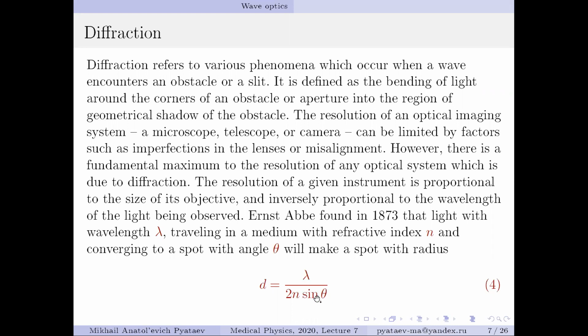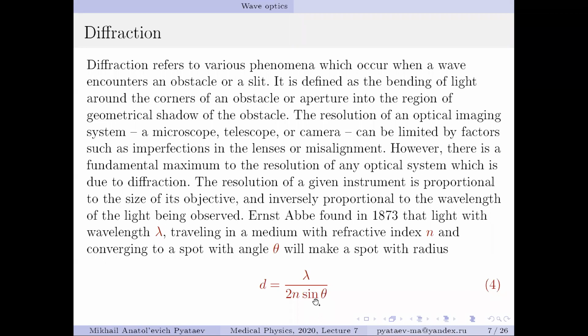So theta is the angle of converging light going from the object, and this angle theta cannot exceed 90 degrees, of course, and this means that sine theta can get its maximal value of 1.